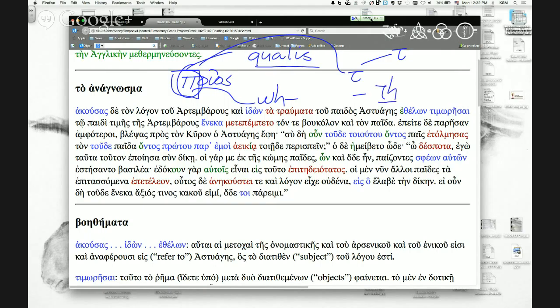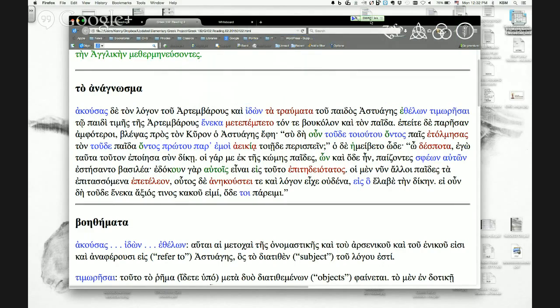So here, what kind of person is Mithridates? He is toioutos, a person of this kind. So you, being a child of this guy right here, being such a person as he is, meaning what? That he's what kind of person?